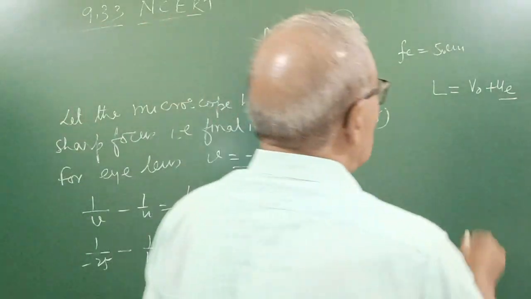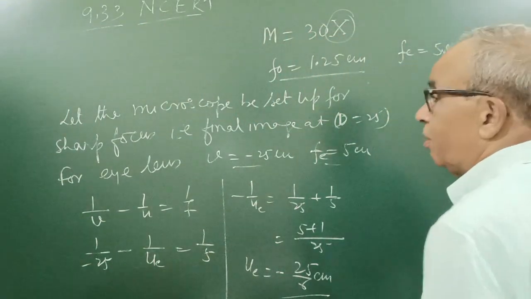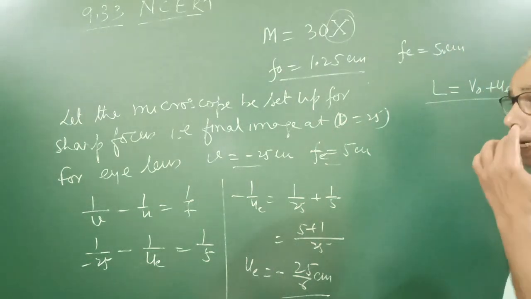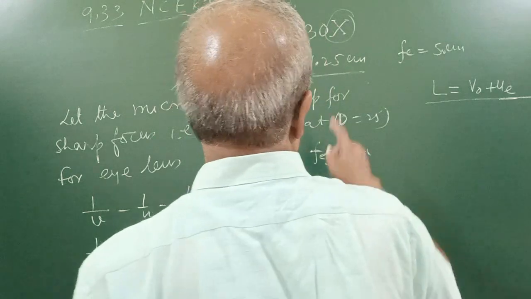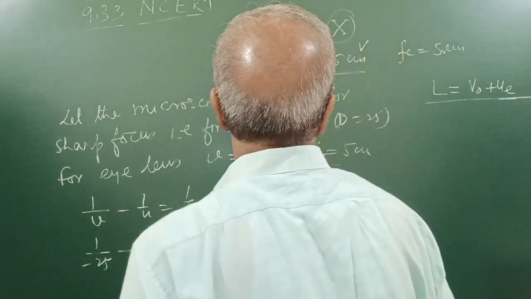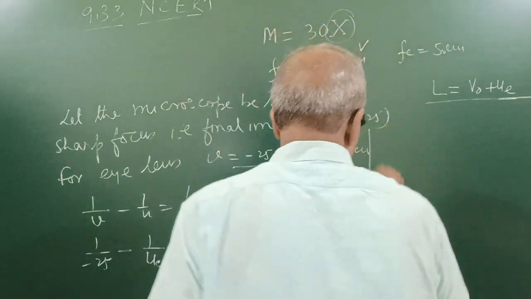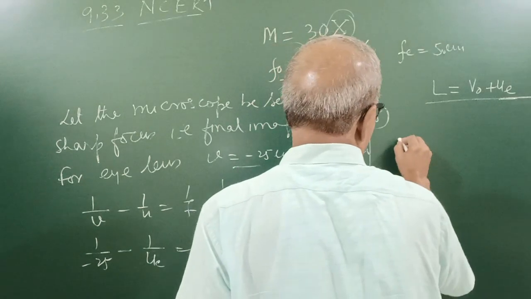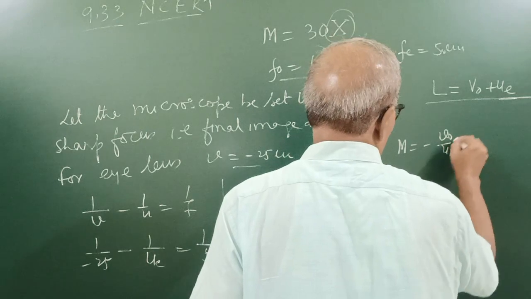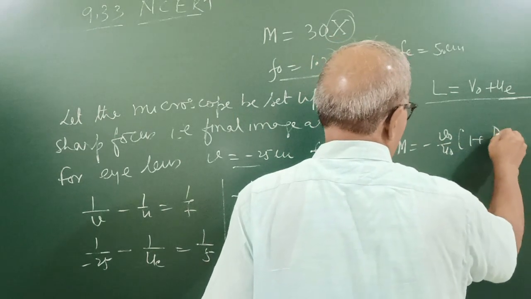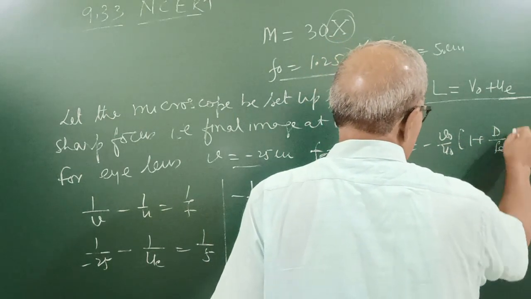Now you want VO, the image formed by the objective lens. You are given the focal length of the eyepiece. You are given M. For a compound microscope, M equals minus VO over UO into 1 plus D upon FE. Remember this.